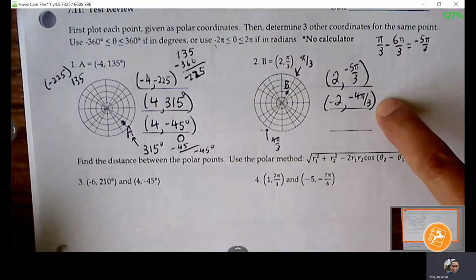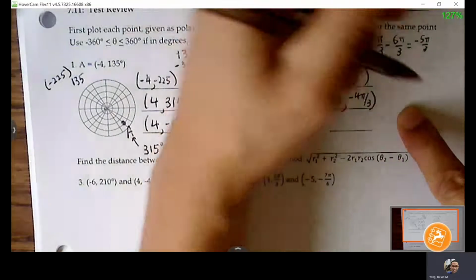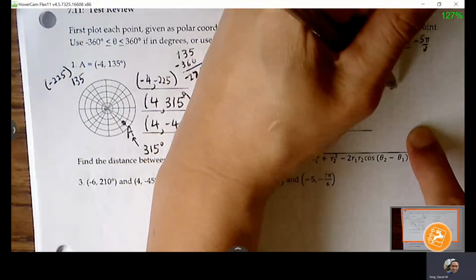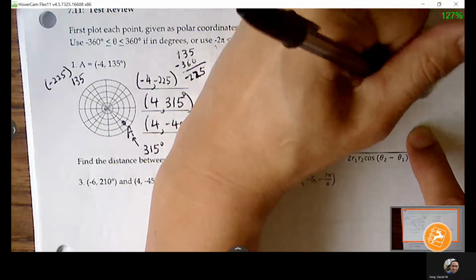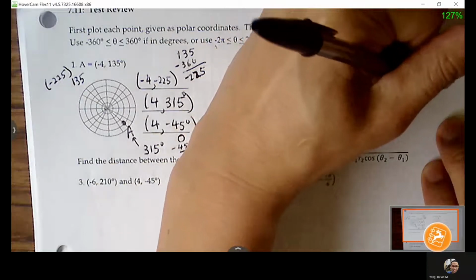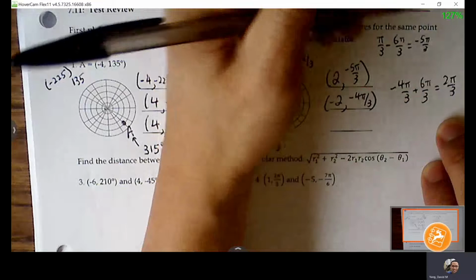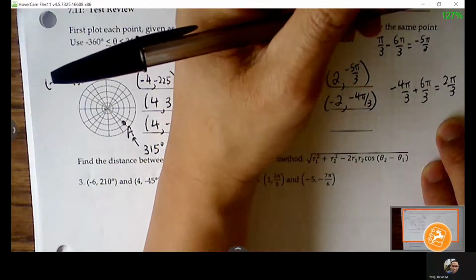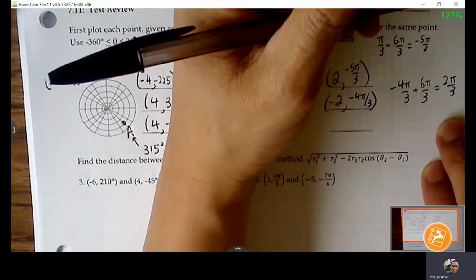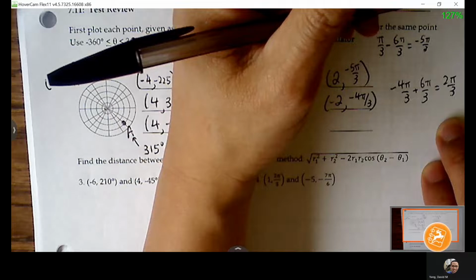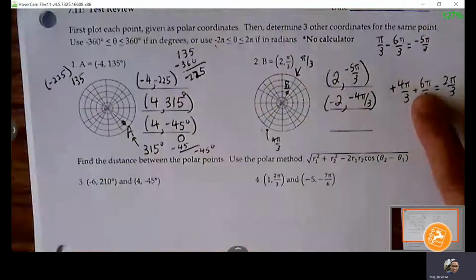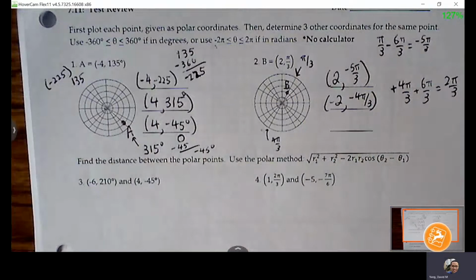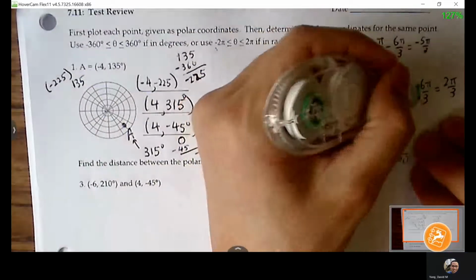If I want to find another variation of negative 4 pi over 3, I can always add 2 pi, right? I'm sorry, this is 4 pi over 3. Plus 6 pi, that's going to be too far outside the interval. So I have to subtract 6 pi over 3, or subtract 2 pi.